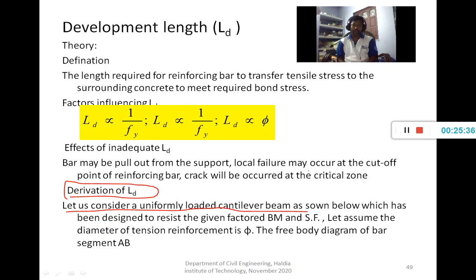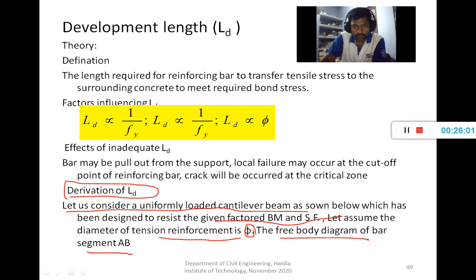Generally these beams have tapered sections, designed to resist the given factored bending moment and shear force. Let us assume the diameter of the tension reinforcement is phi. We draw the free body diagram of bar segment AB.